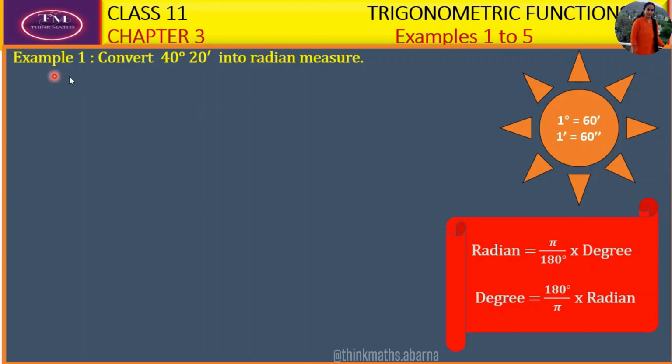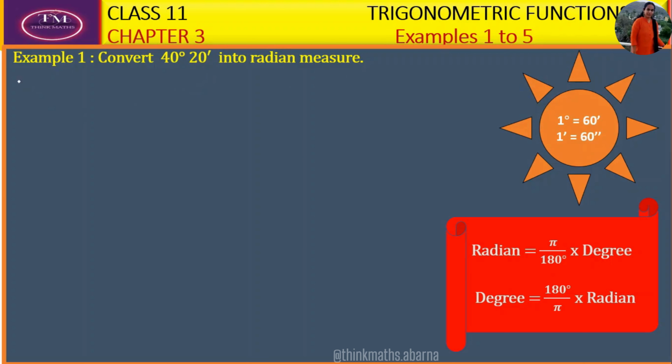Example 1. Convert 40 degree 20 minutes into radian measure. We have to convert this degree measurement into radians. In degree we have 40 degree and 20 minutes.